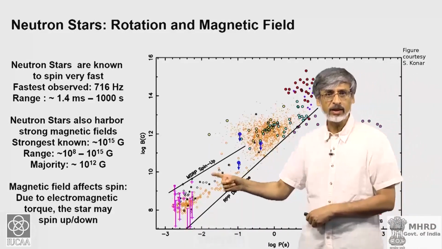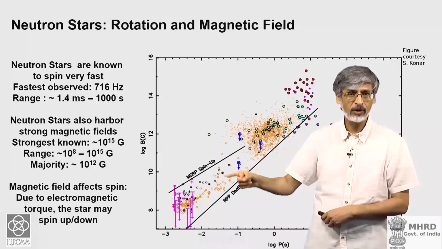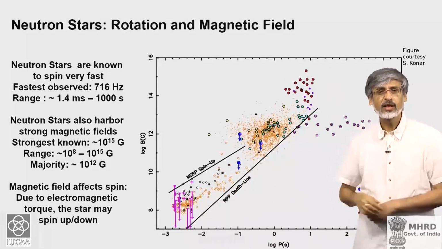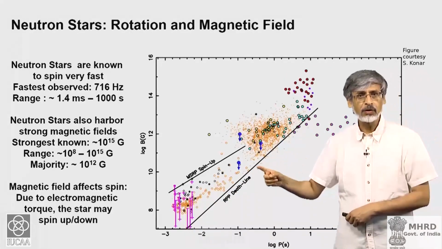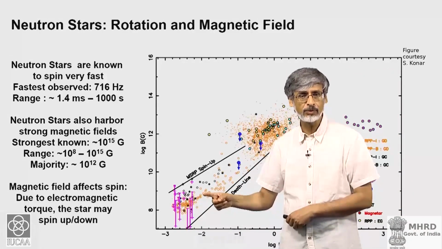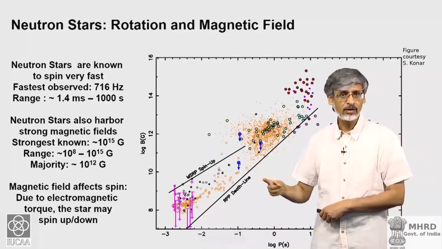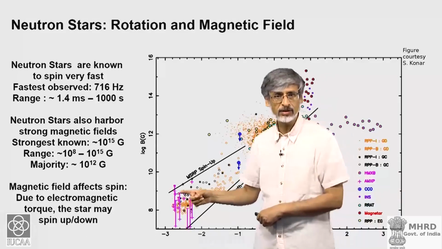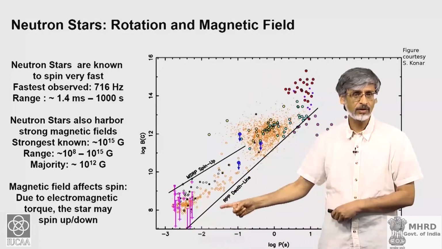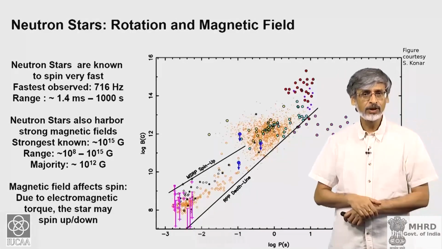Many of the pulsars are in binary systems, which are sitting down here. So, one thing to notice is these objects in binary systems tend to have somewhat lower magnetic field. For some reason, the fields in these objects have either been altered or been affected in some way during this evolution.